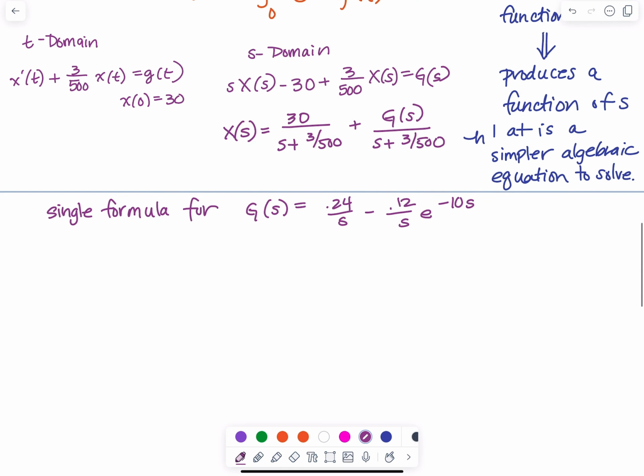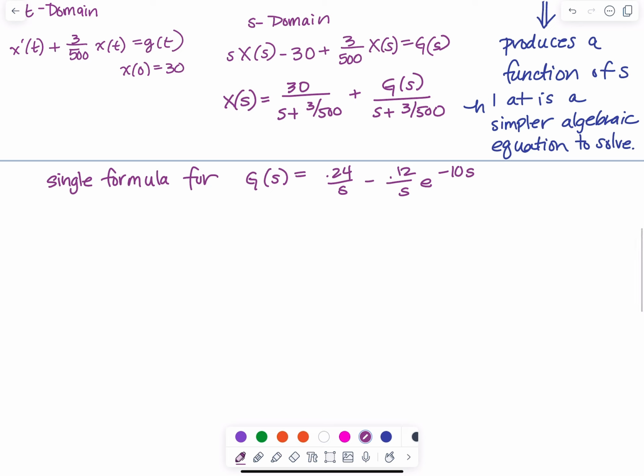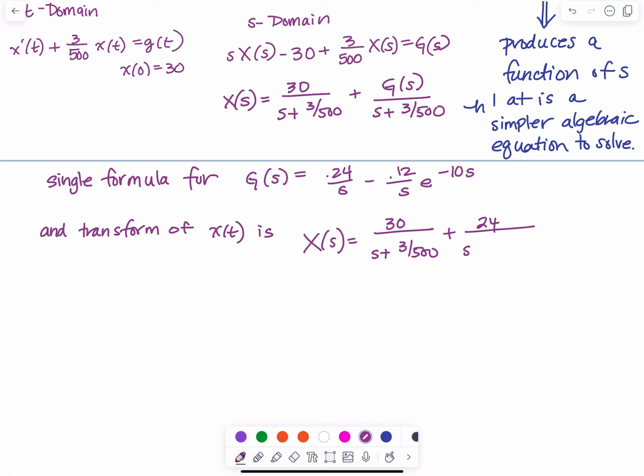And then the transform of x of t is equal to 30 over S plus 3 over 500 plus 0.24 over S times S plus 3 over 500 minus 0.12 e to the negative 10s, whoops, I wrote a t, divided by S times S plus 3 over 500.